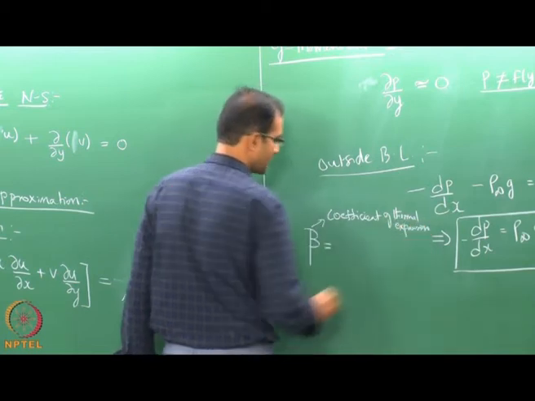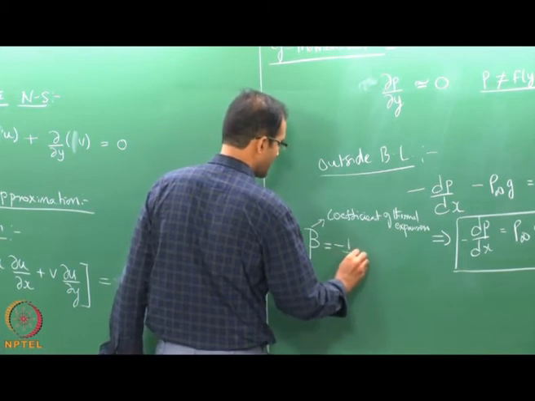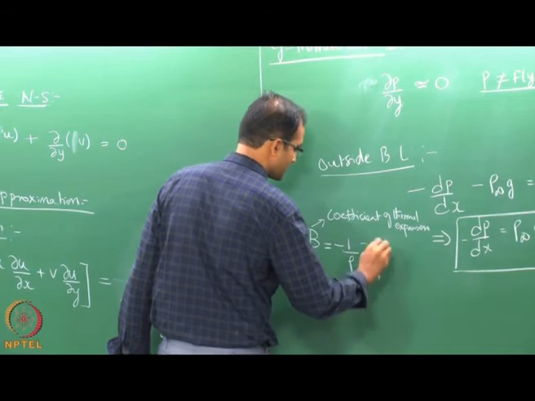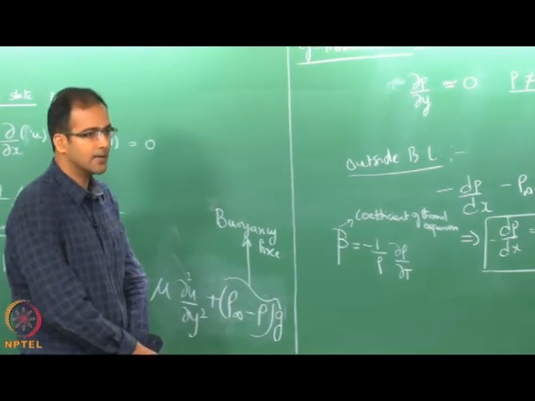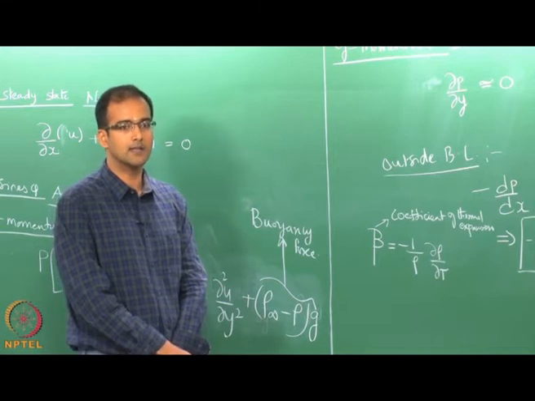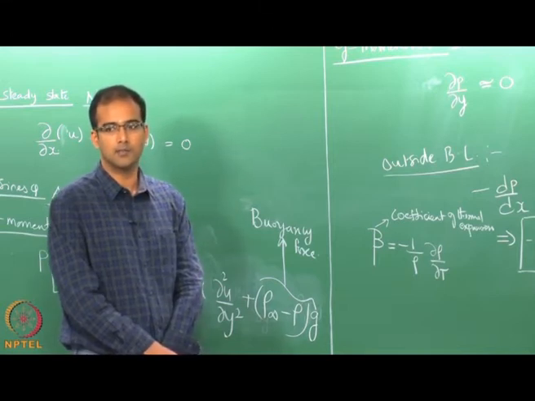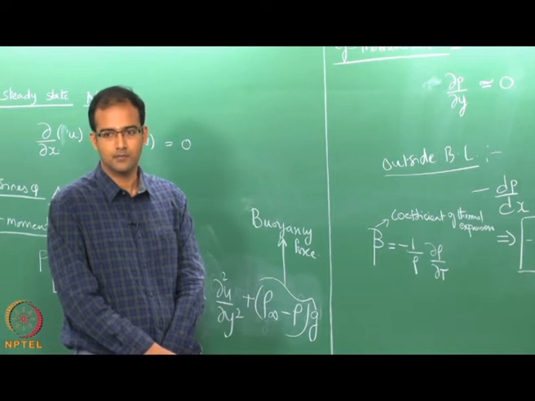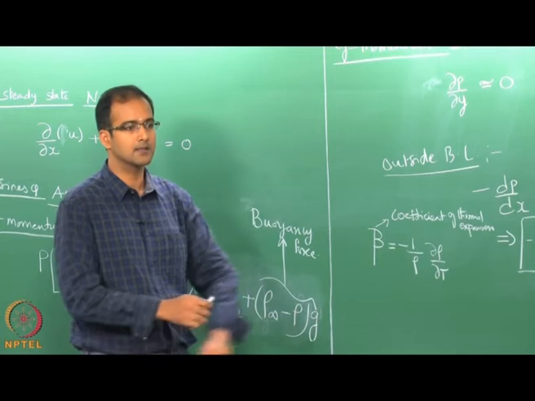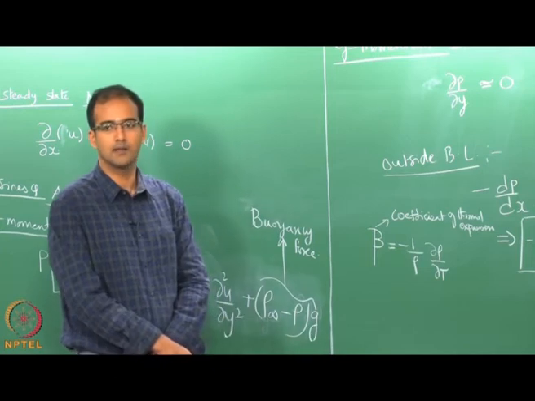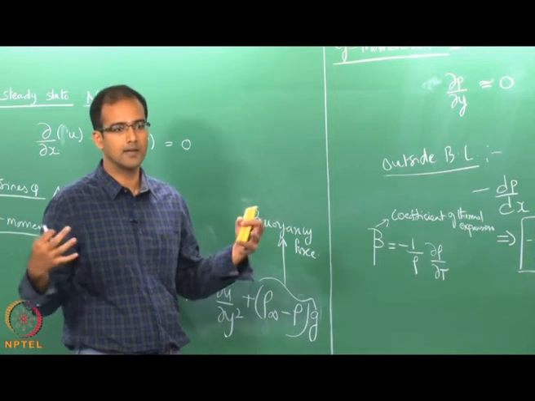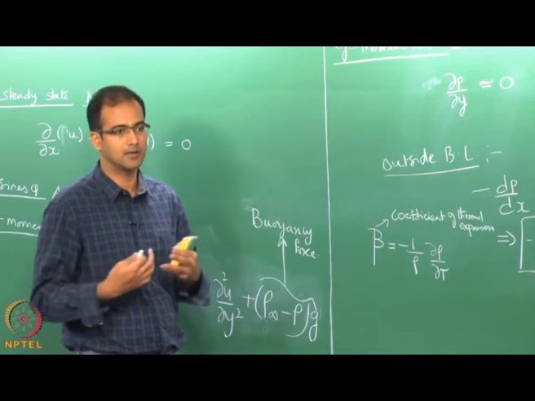This is written as minus 1 by rho d rho by dT. What it simply measures is the variation of density of a particular fluid with respect to temperature. If this coefficient is high, that means this fluid can expand or contract very strongly as a function of temperature.